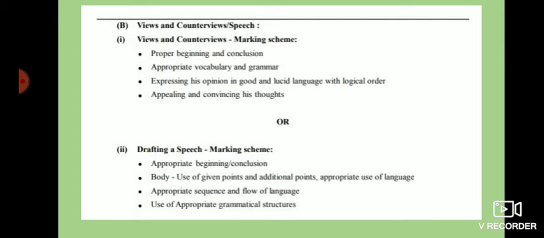For example, in the view section they will give an important fact about the school, like mobiles are allowed in college or school. This is the view section. You have to write the counter view, which means opposite ideas and opposite thoughts regarding the view section.